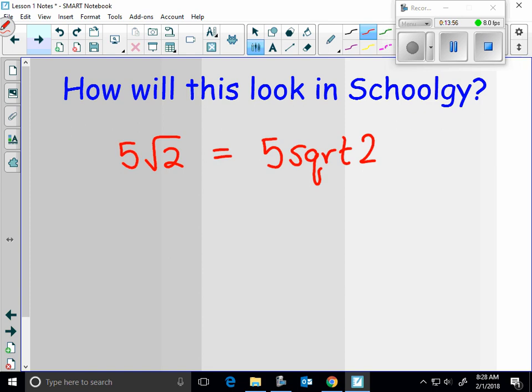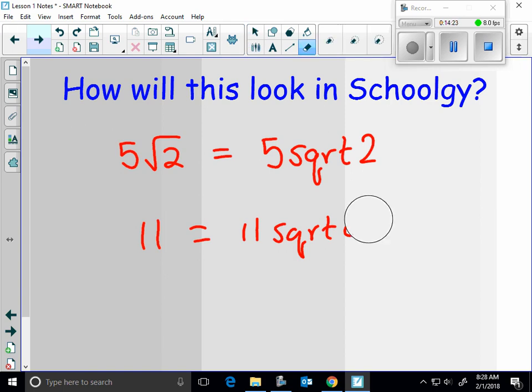That's how you type that in. How would you type this in? 11. Yeah, someone last year wrote... No, you don't be doing that. You just type in the number. If it reduces fully, you just type in the number. And even that's wrong. You would want to write square root 1. Right? Yeah, okay. That's how you be typing in your answers.